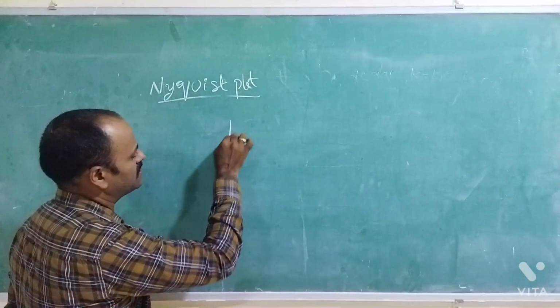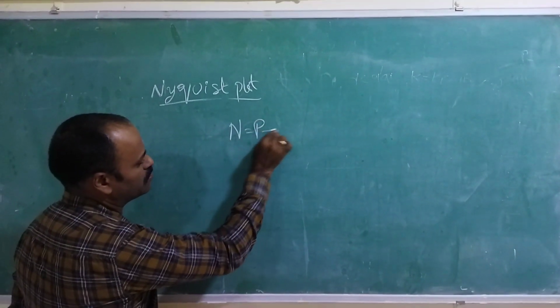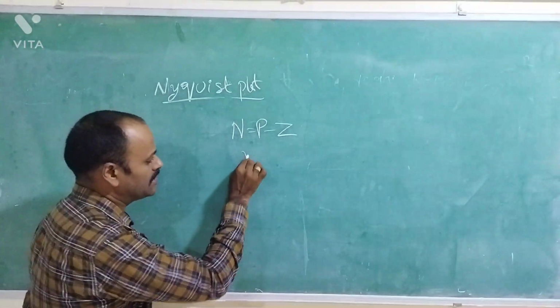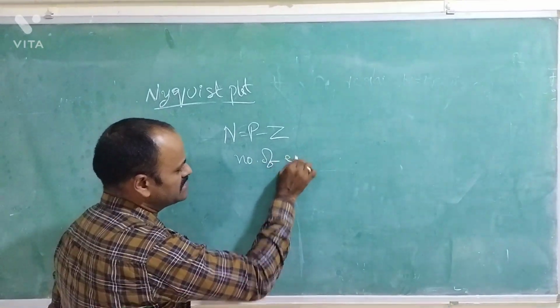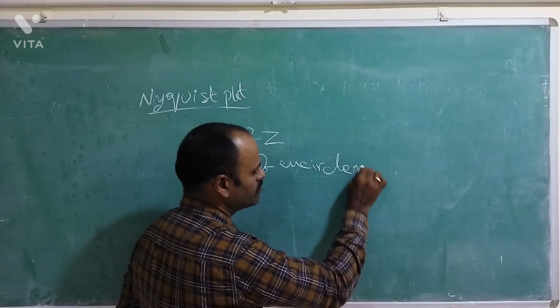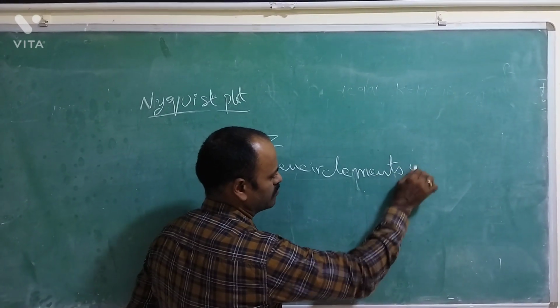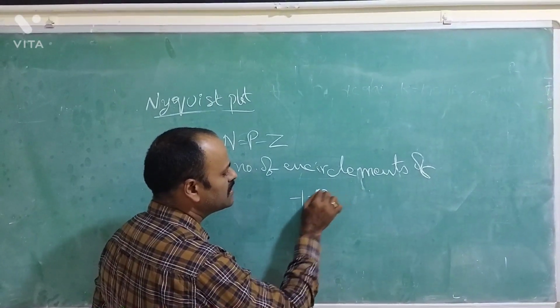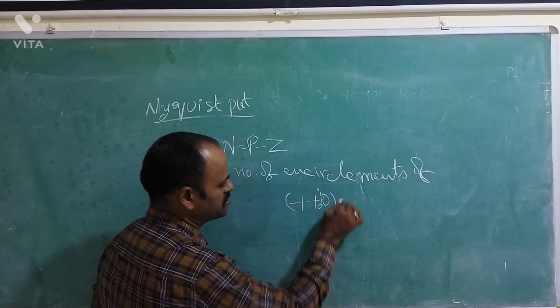That says N is equal to P minus Z, where N represents the number of encirclements of the minus 1 plus j0 point.